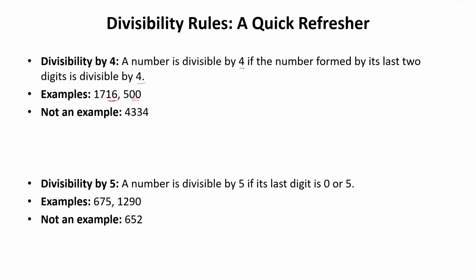Here you can see that the last two digits are 16. You know that 16 you can divide by 4 in 4 times. Similarly, 0 is divisible by anything, is 0. So, according to the rule, 1716 is divisible by 4. Again, let's look at this. 34. Is 34 divisible by 4?